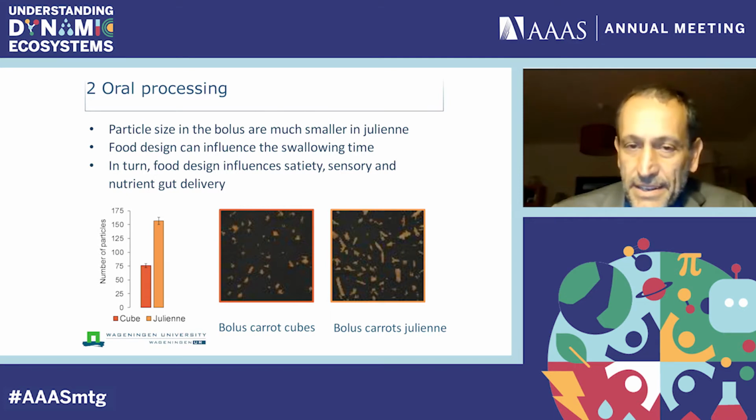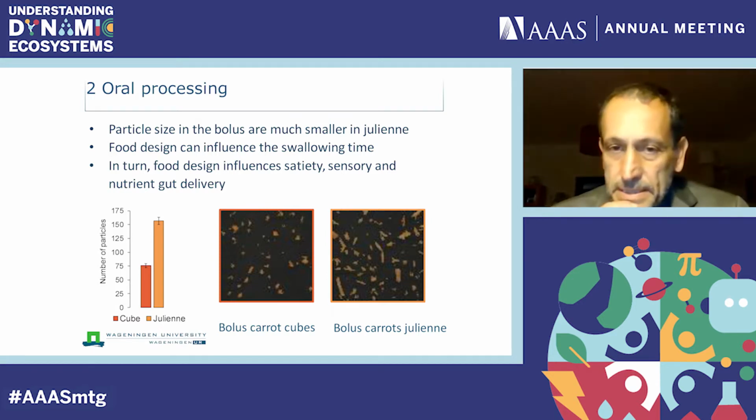And this will always be the case that you can play with the time of processing food, with what we call the eating rate. That is a very important parameter to consider when we want to influence satiety, the sensory, and also the delivery of nutrients to the gut. So oral processing is one of the other weapons that we have in our possibilities.